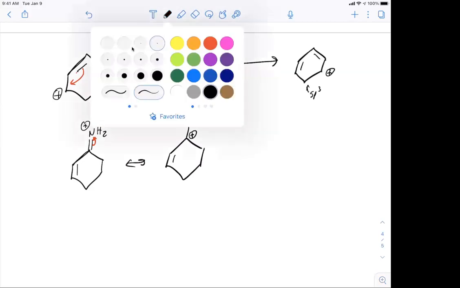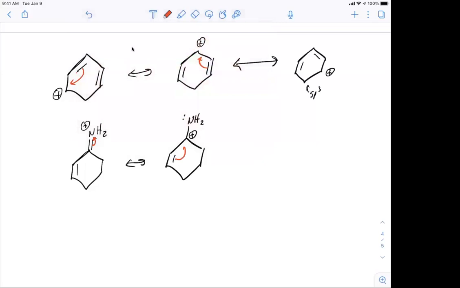And then we can move these electrons towards that carbocation to give us carbocation there. Okay. Questions about resonance?